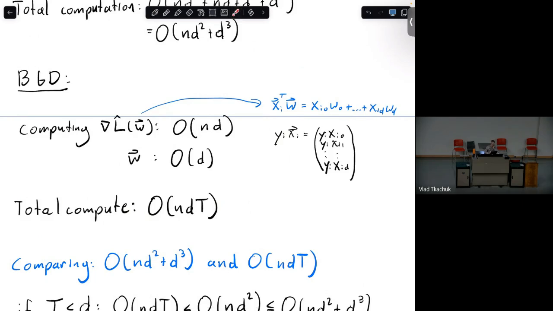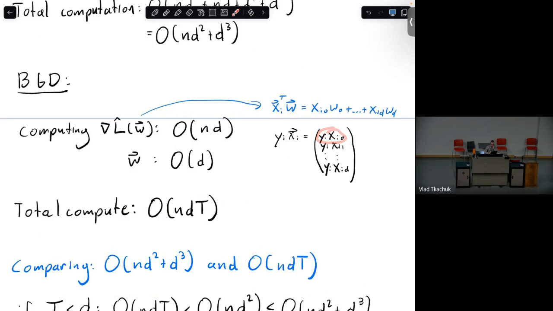And so what do you have here? You have d multiplications. That's it. So that's why this operation is d computation. And when you compute this, it just becomes a number. And then you just have a number times this vector. So instead of yi, replace yi with this. This is just a number. And then you have d operations as well.